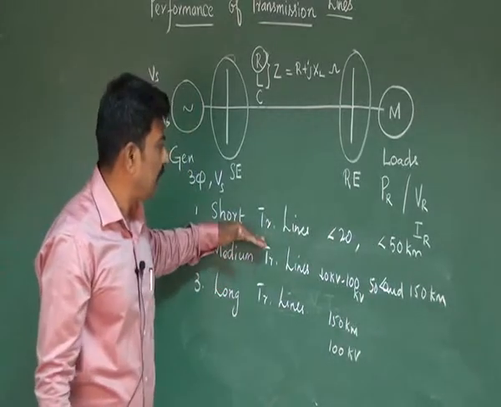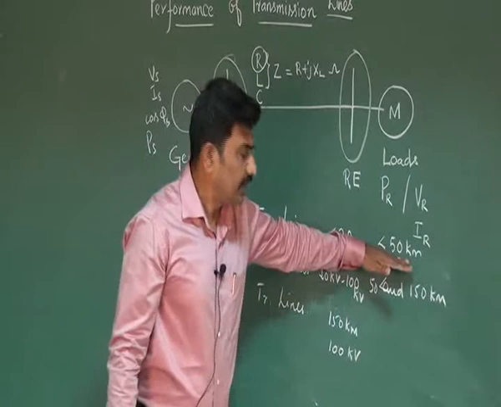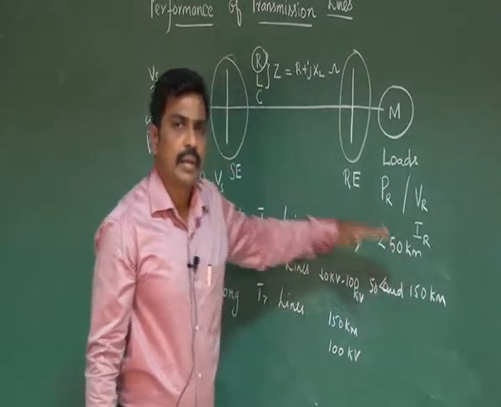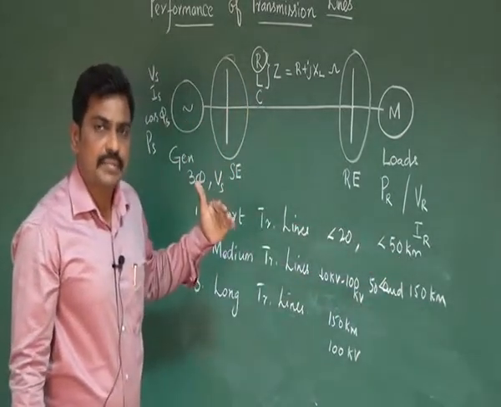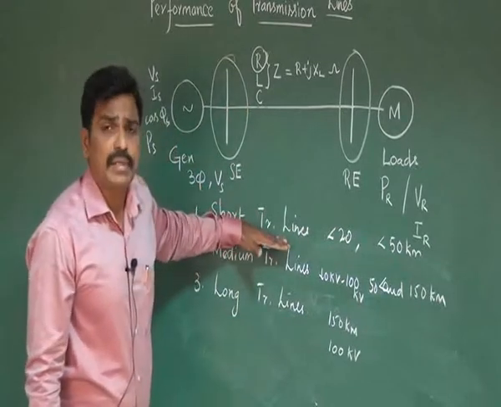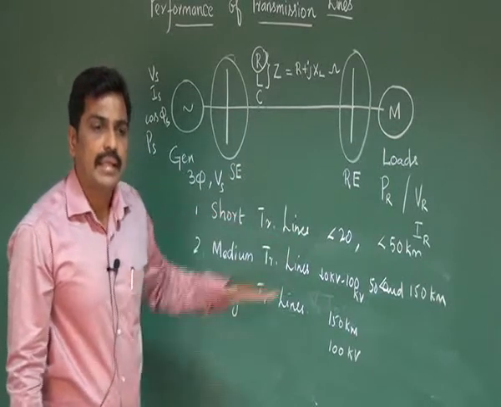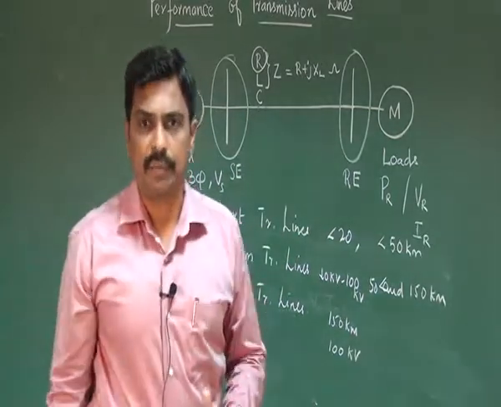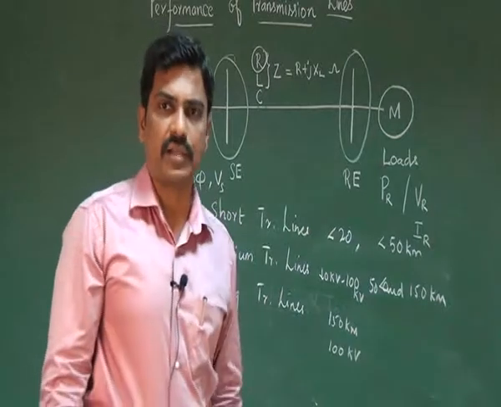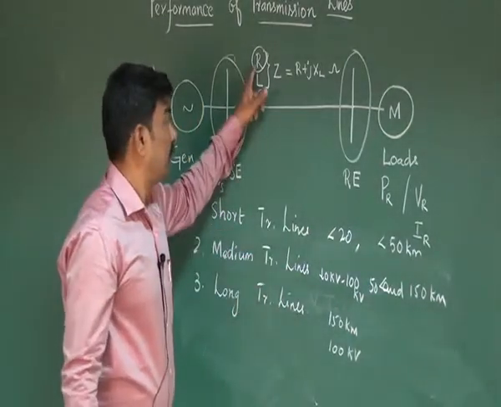For short transmission lines at such voltages, if the length is less than 50 kilometers, the effect of capacitance is minimal. So, in order to find the performance considerations for short transmission lines, we can easily neglect the effect of capacitance, but we should include the effect of R and L.